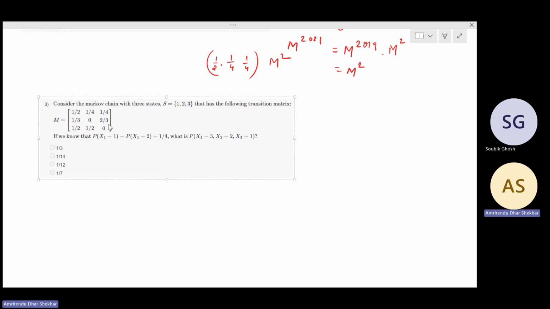Right. So this is a simple example of how to read the transition matrix and solve problems based on that.